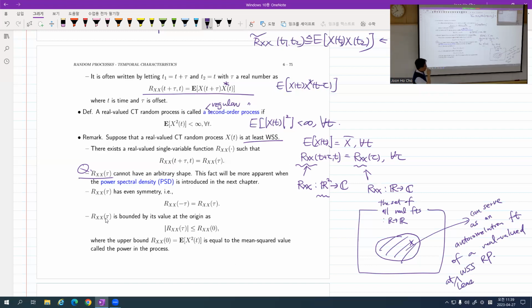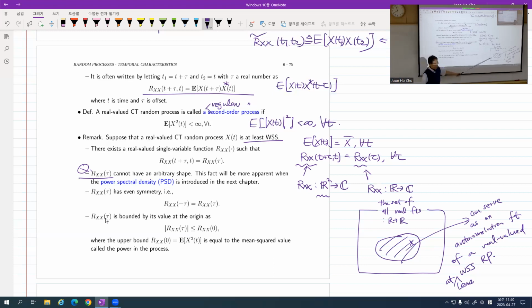Very small set. We cannot easily fully characterize this set at this moment, but we will be able to do that after we study the power spectral density. Some of you have probably already been exposed to the notion of power spectral density in your undergraduate probability and random processes. However, in this course, we haven't yet defined it, and we are going to define that. Got it? So even if your undergraduate program didn't cover topics up to power spectral density, it's okay now. Got it?